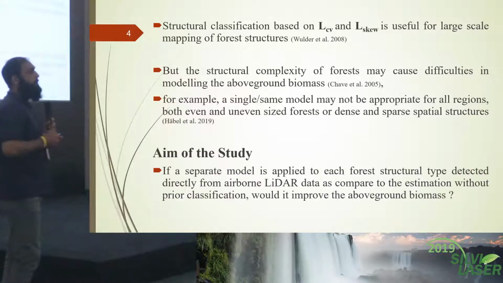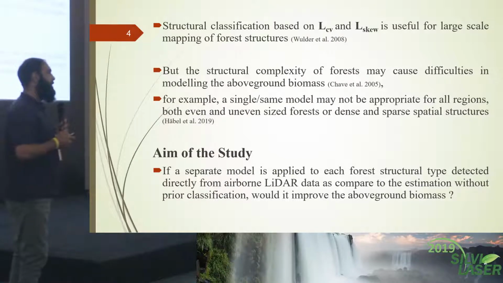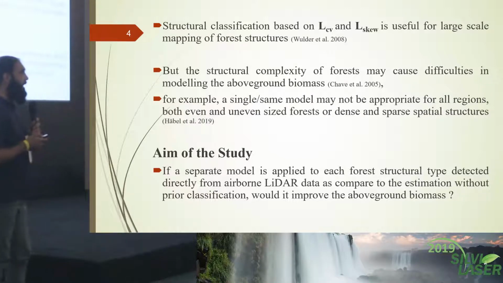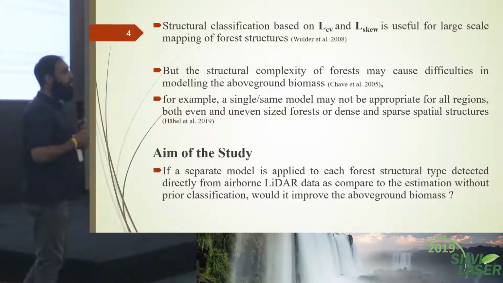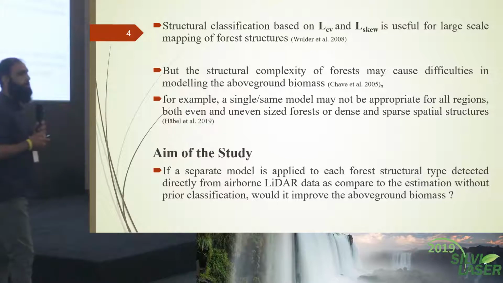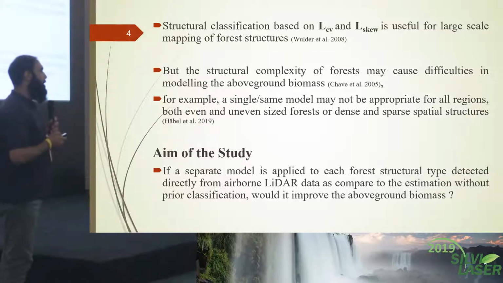So what if we classify a forest into different structures, apply a separate model to each structure, and then compare it with the overall data without any classification? Will it improve our biomass estimation, and will the biomass estimation be reliable or not?